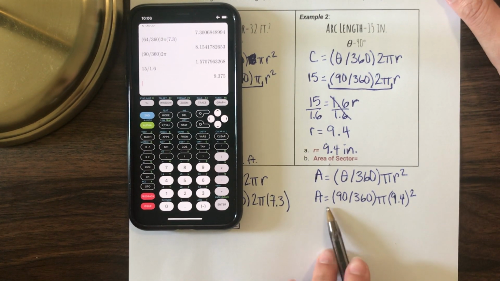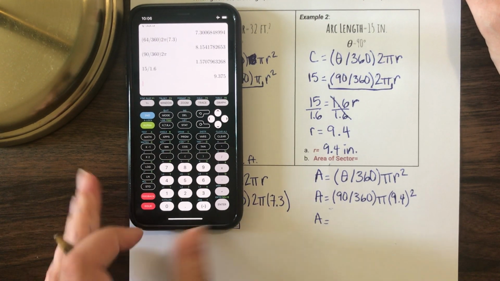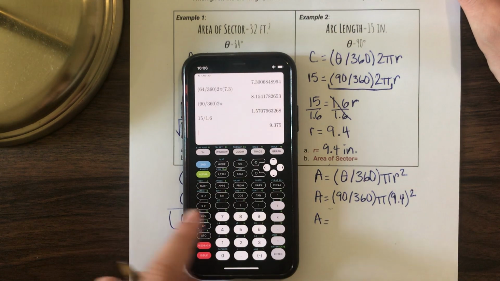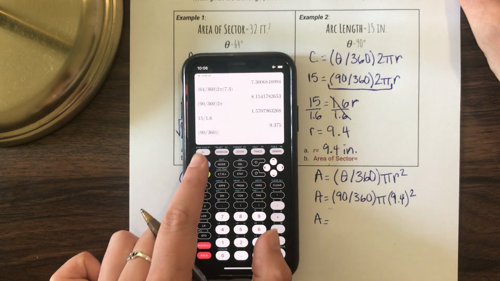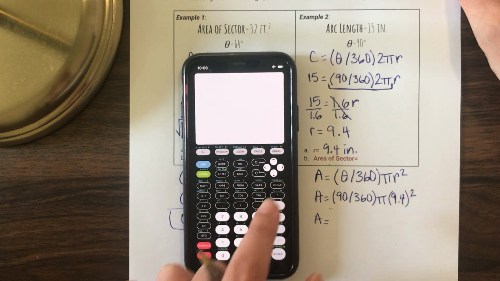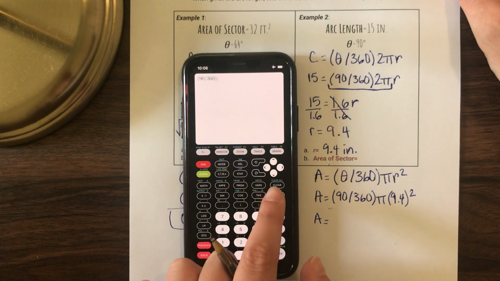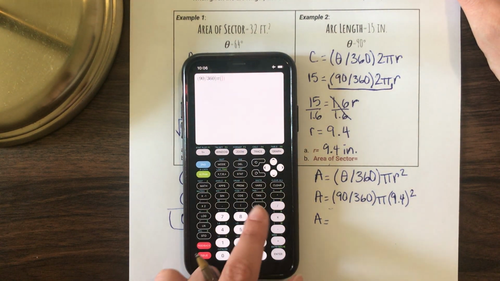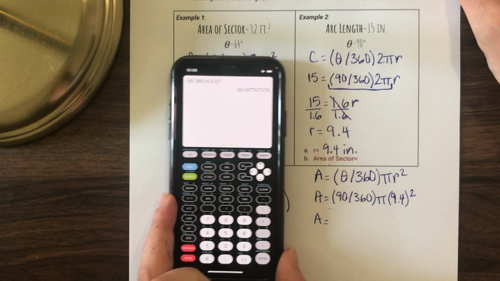Okay, so all I have to do is type this string into the calculator and then it gives me the answer. So A equals, let's do that again. 90 divided by 360, second pi, open a parenthesis, 9.4, close it, squared, enter.